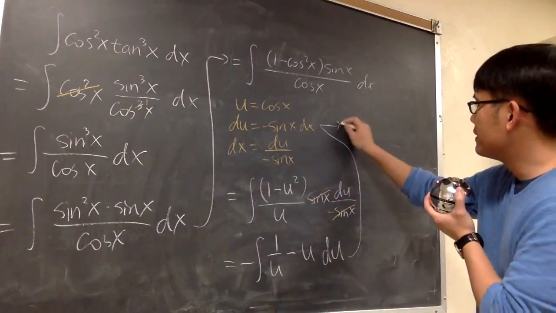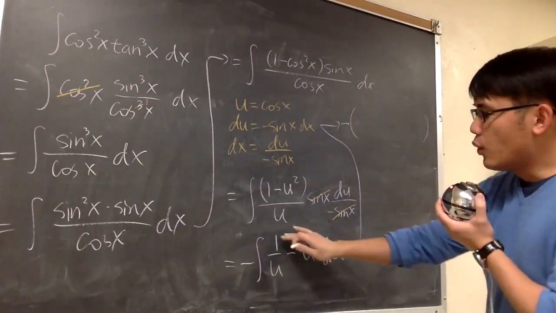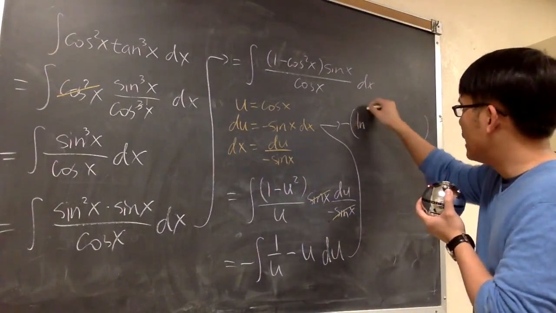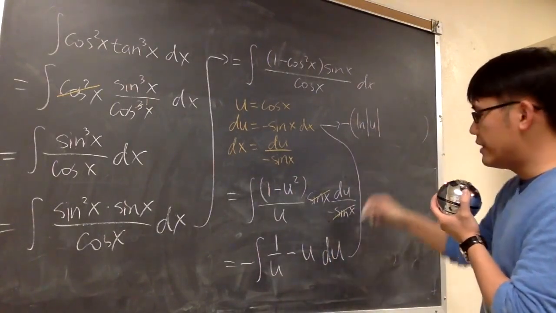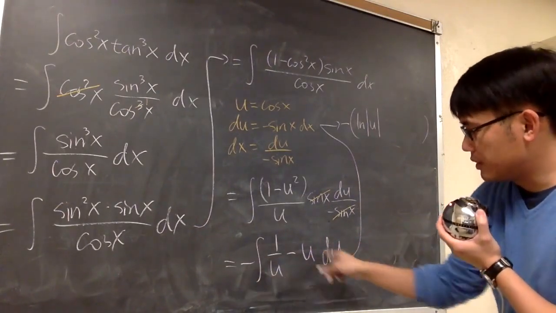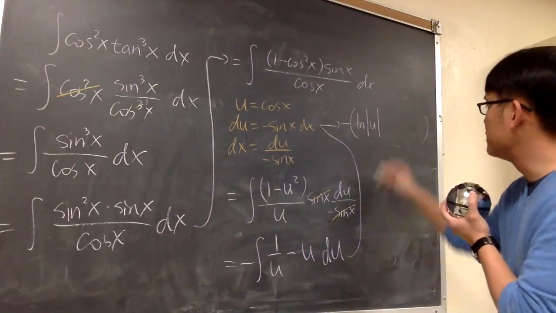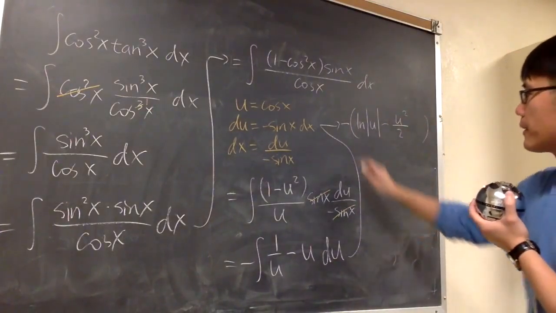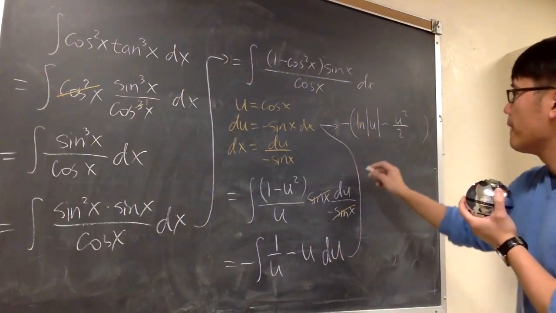And then let's see how we can integrate that. We have the negative. Let's look at the parentheses. 1 over u is just ln, right? So ln absolute value of u, and then this is going to stay inside the integral, which is still minus u squared over 2. Okay, so this is the minus right here.